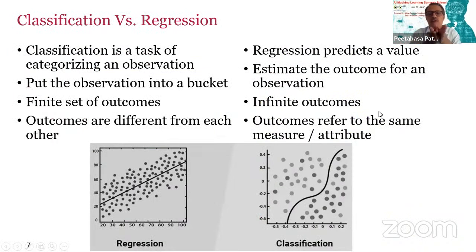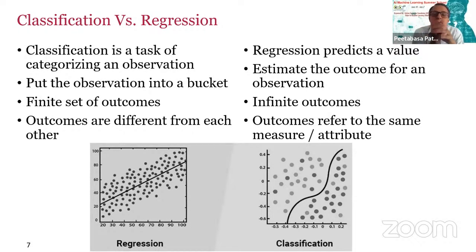Now, let's spend a minute or two to find out the difference between classification and regression. Suppose I have some data points of an observation. For example, a student has come in, and I have data points like the height, the weight, the hair length, and what kind of dress the person was wearing and things of that nature.